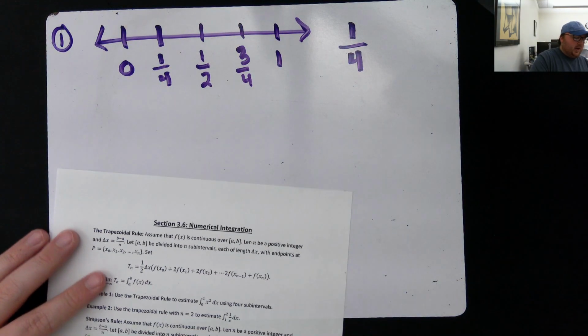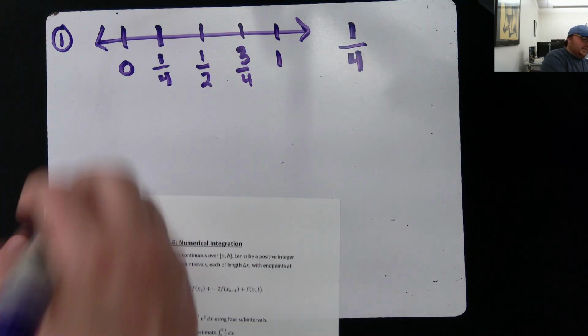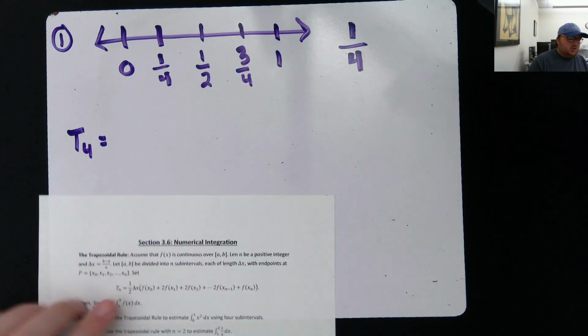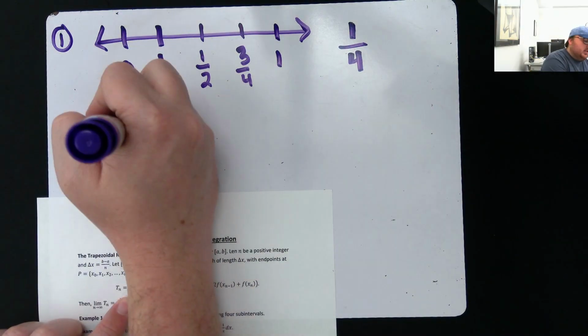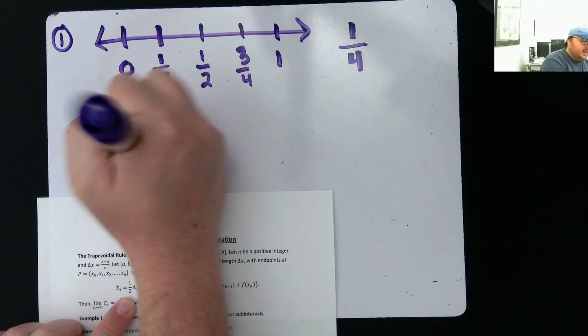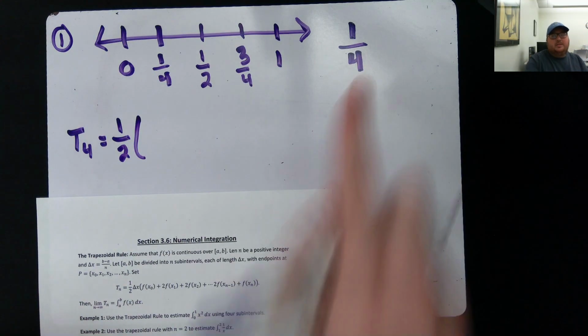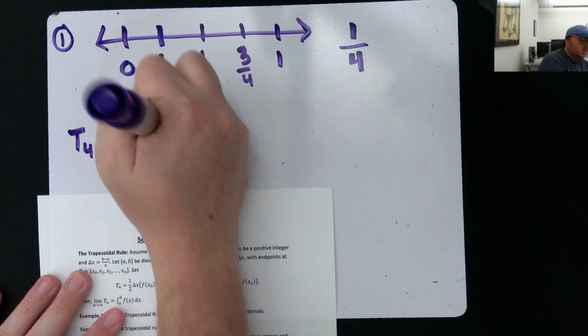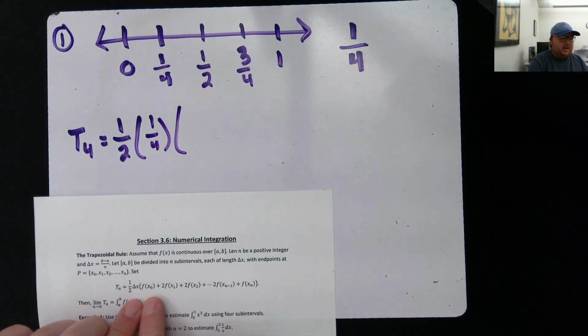So what this means when I plug it in, I want to find T4 because it's 4 parts. It starts with 1/2 out front times the delta x. My delta x is 1/4 because that's the width of each part. Times, and then plug it in here.